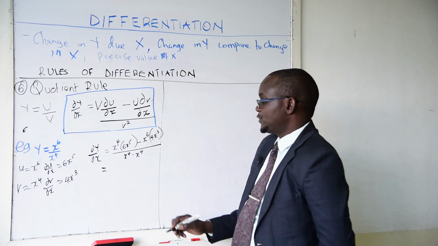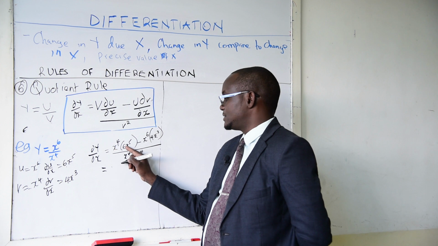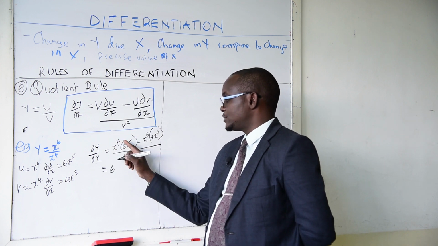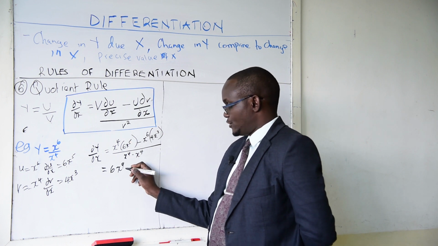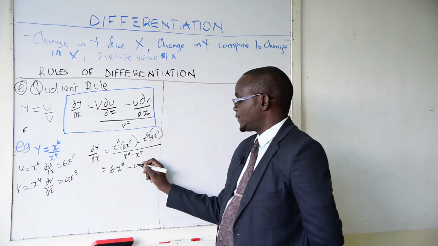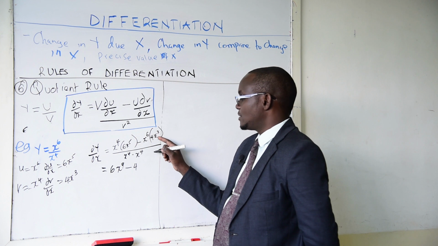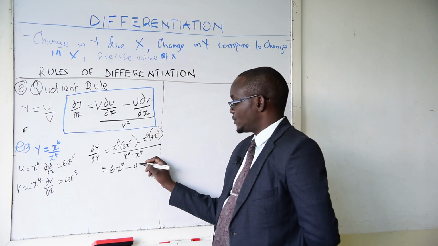To simplify this further, we have 1 times 6, you get 6. X power 4 multiplied by x power 5, you take 4 plus 5, you get x power 9. You minus 1 times 4, you get 4. X power 6 multiplied by x power 3, you take 6 plus 3, which is 9.